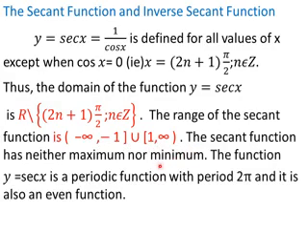The secant function is neither maximum nor minimum. That is, its value lies between minus infinity comma infinity. So we cannot say what is the maximum value and what is the minimum value. The function y equal to secant x is a periodic function with period 2 pi, and it is also an even function. The concept of even function I will explain in another slide.